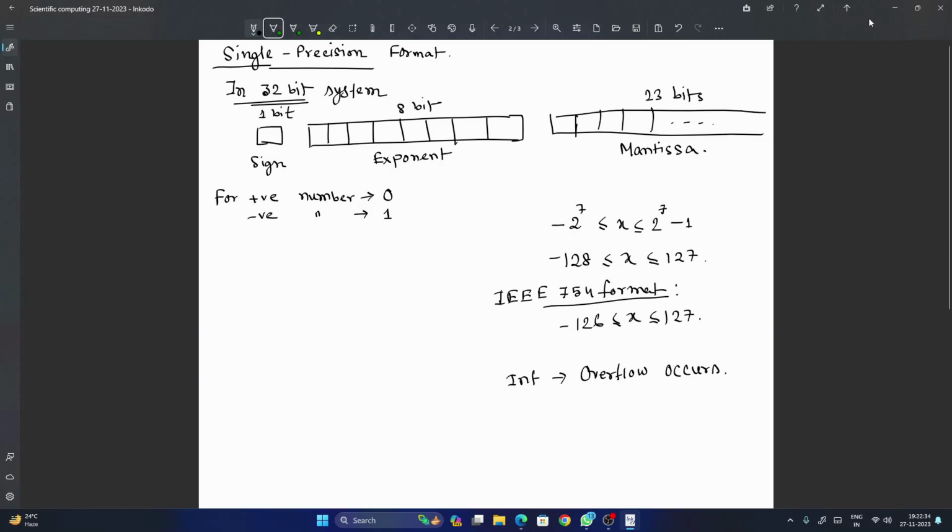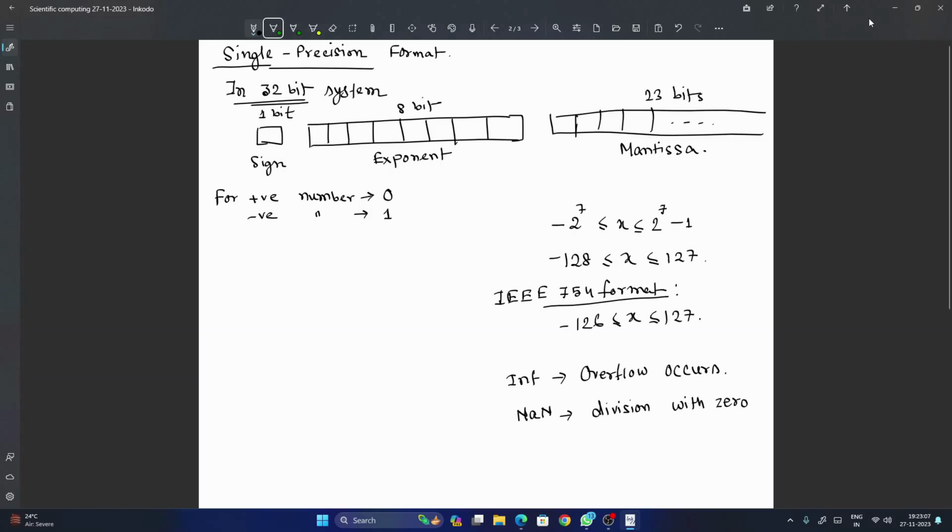Overflow means you have a 32-bit system and a large data value beyond the capacity of that system, so it will treat it like infinity and show INF. Similarly, if you divide by 0, it is an undefined term, so it gives you NaN, which means not a number.